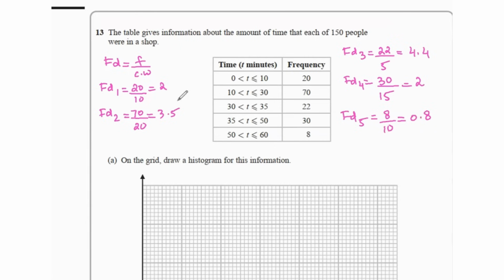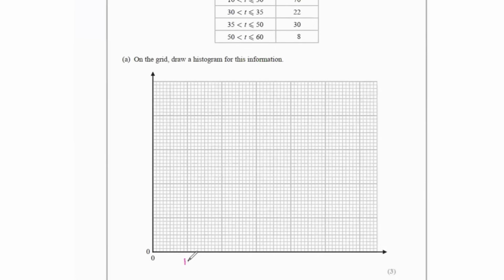So on the y-axis, we'll plot the frequency density. On the x-axis, we'll use the time intervals. So 0 to 10, 10 to 30, 30 to 35, 35 to 50, and then to 60.